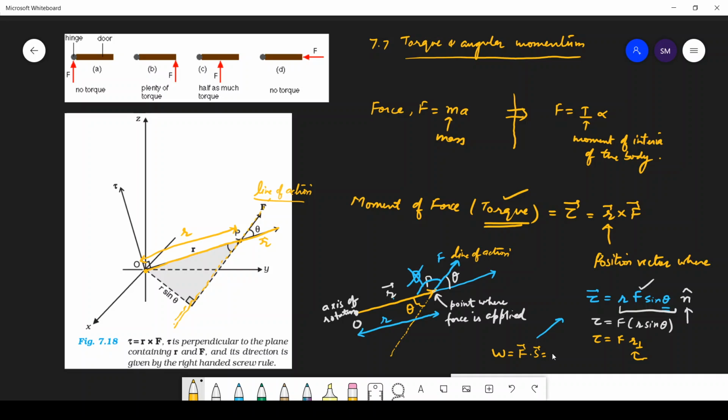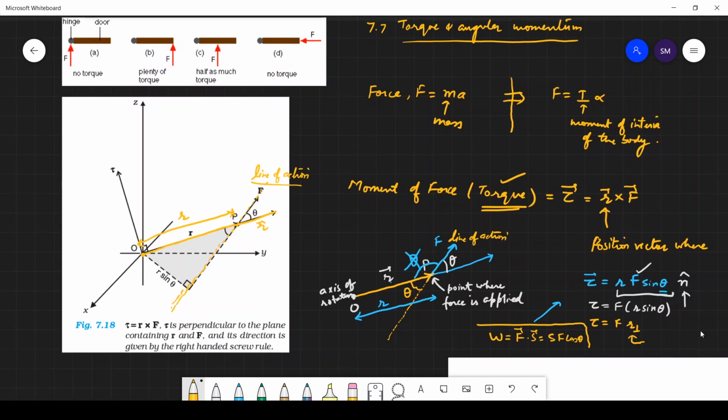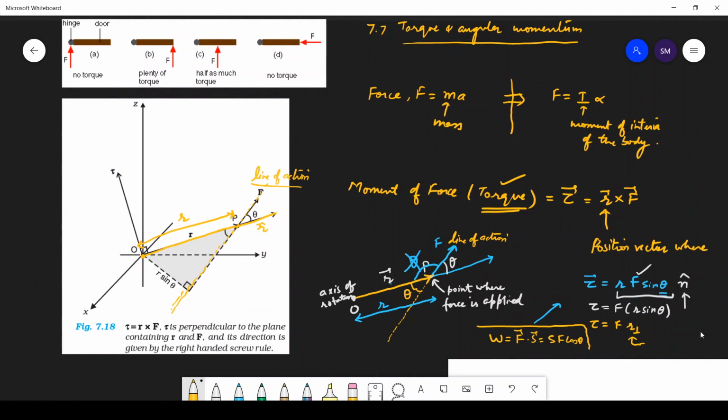So we write it as F into s parallel, or s into F into cos theta.